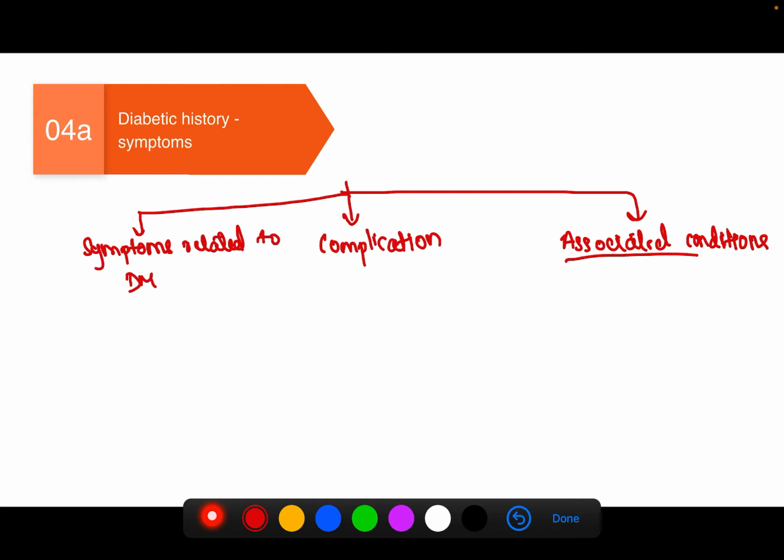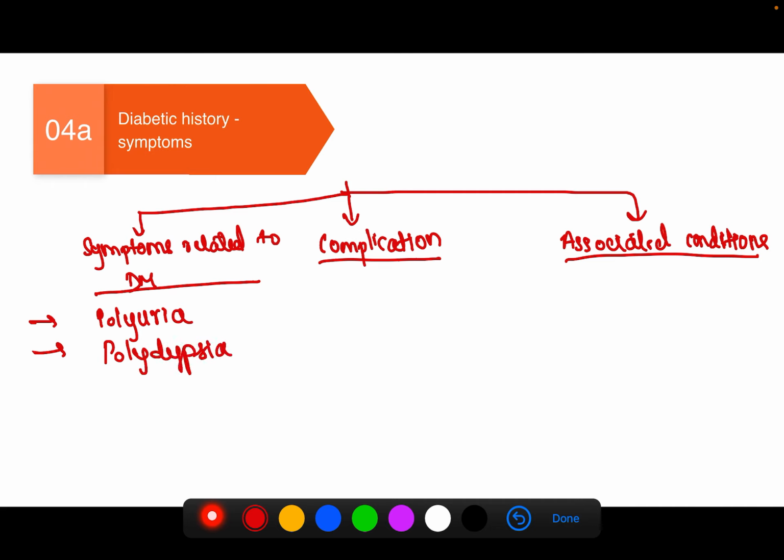Now, what are the symptoms related to diabetes? You should ask in every visit if the patient has polyuria, frequent urination, polydipsia, and polyphagia. Then nocturia. Is the patient waking up often at night to pass urine? You should ask these things.